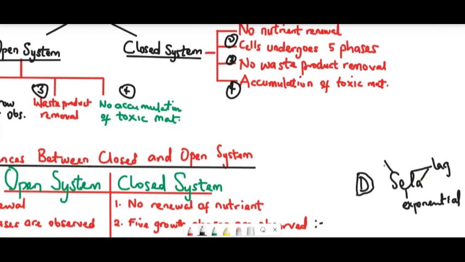Then your S tells you your stationary phase, and the second but last tells you the death phase, and the last one is your decline, the phase of prolonged decline. So these are the 5 phases undergone by a cell in a closed system, right?